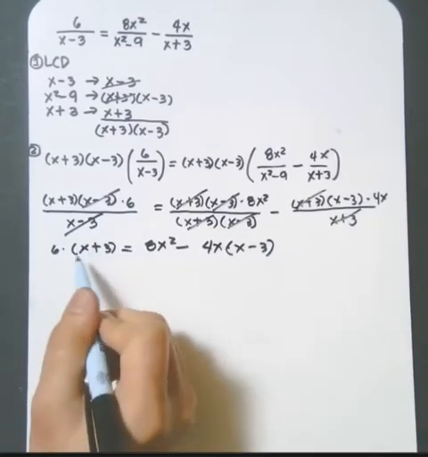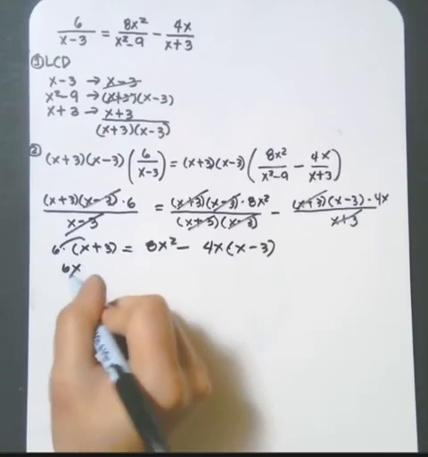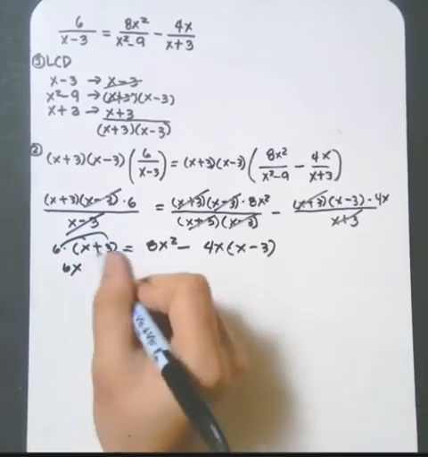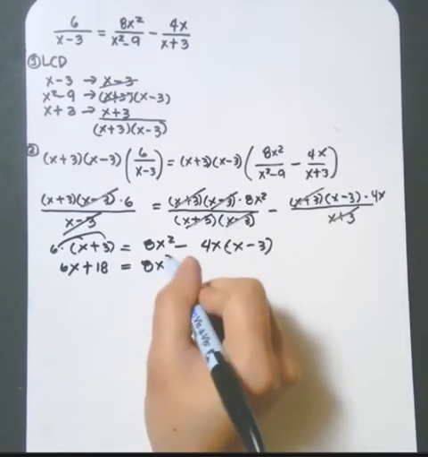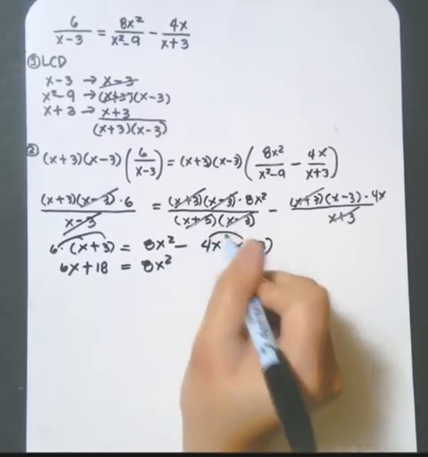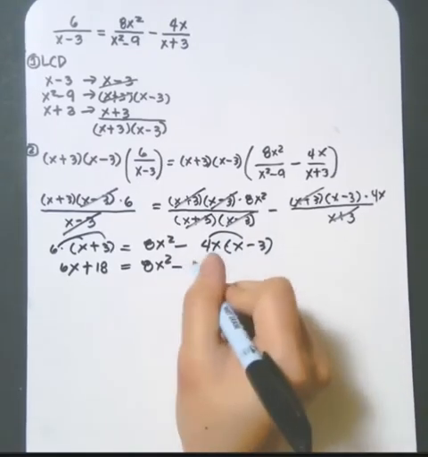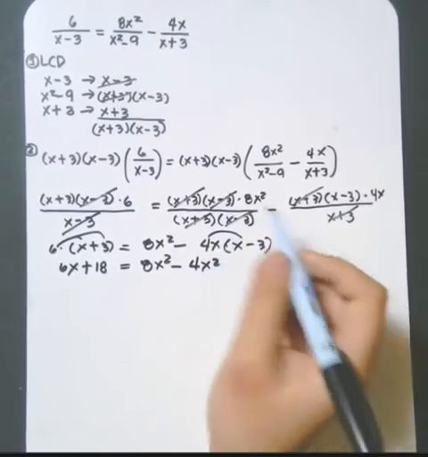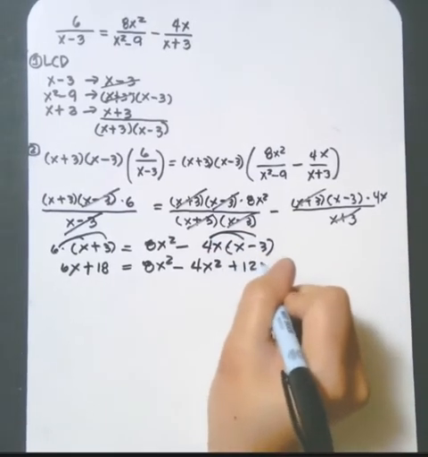We apply the distributive property of multiplication here. 6 times x is equal to 6x. 6 times positive 3 is positive 18 equals 8x squared. Apply the distributive property of multiplication. Negative 4x times x is negative 4x squared. Negative 4x times negative 3 is positive 12x.